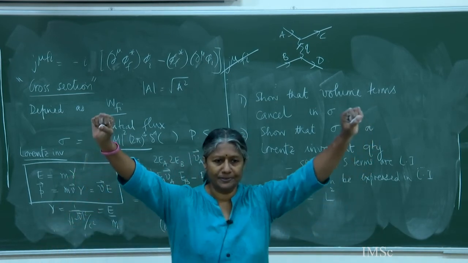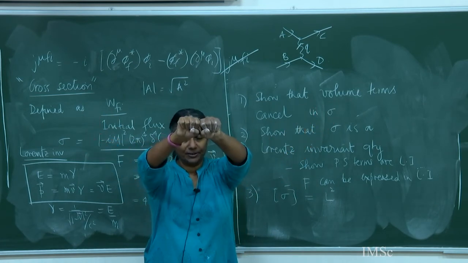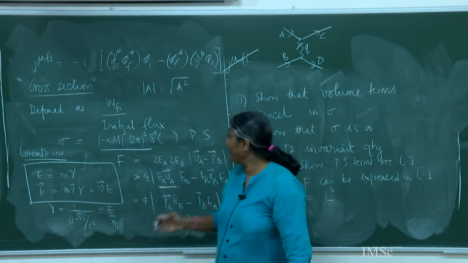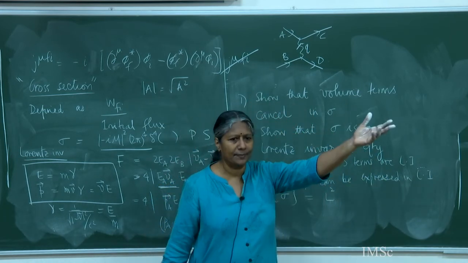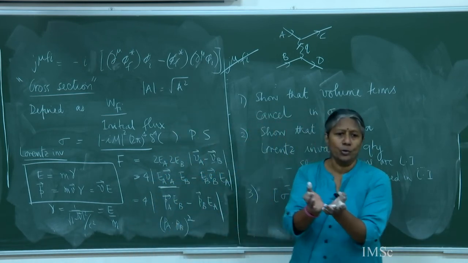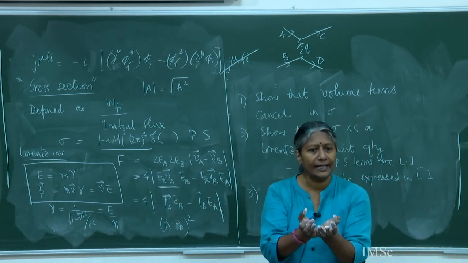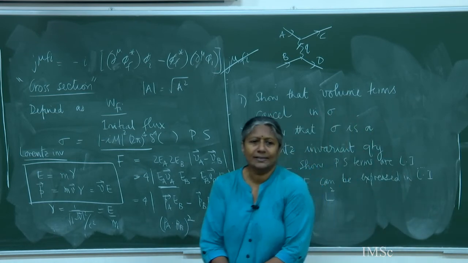Suppose I have two beams of particles A and B and I am shining them on each other, okay. Or if I have a fixed target, I have a beam and I am shining it on, let us say I have a torchlight and I am shining it on a wall or something like that. So there is a certain area of overlap, a geometrical area of overlap, and of that some fraction of particles will interact.